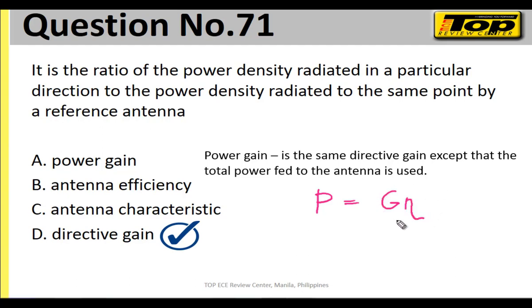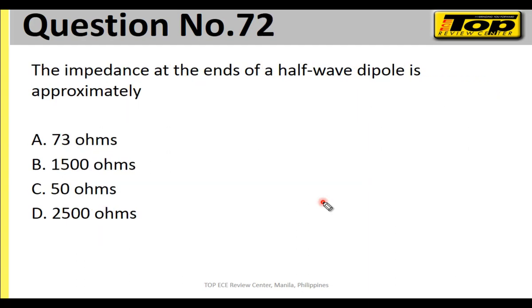Okay, so para siyang directive gain. This is the directive gain and this is the efficiency. Multiply it together, you have the power gain. So the answer for number 71, that is letter D, directive gain.